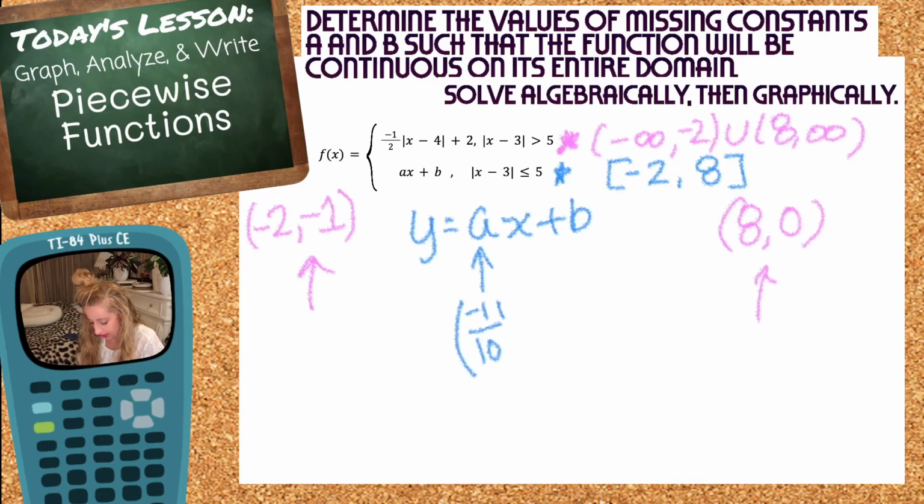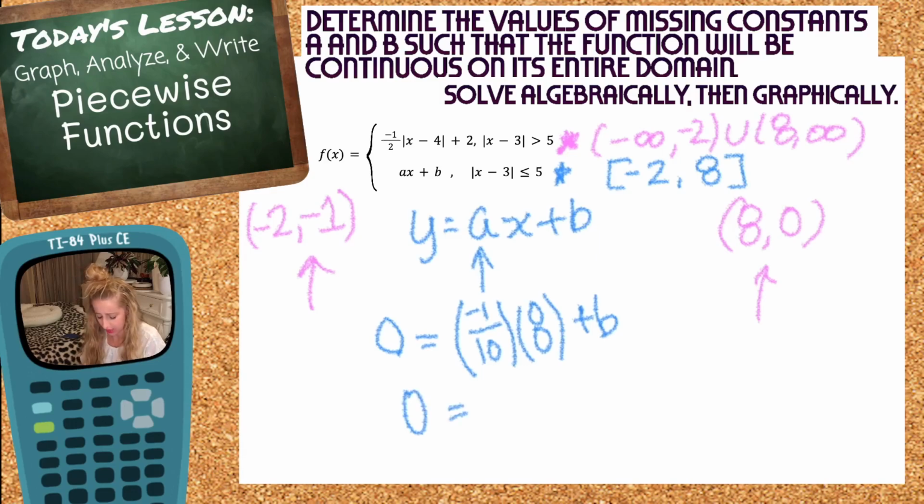If I fill in -1/10 for A and 8 for the x, then plus b is what I'm solving for, and y is 0. Then I get 0 equals -1/10 times 8, which is -8 over 10, or -4/5, plus b. So what does b equal? Add that over to the other side, and b is 4/5.